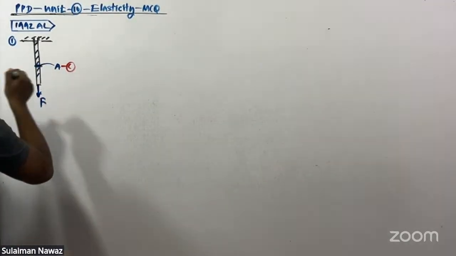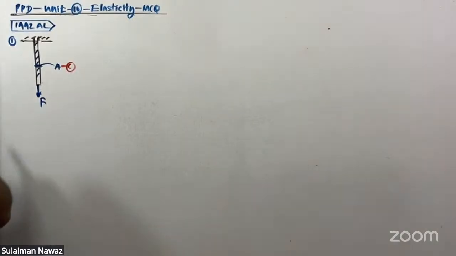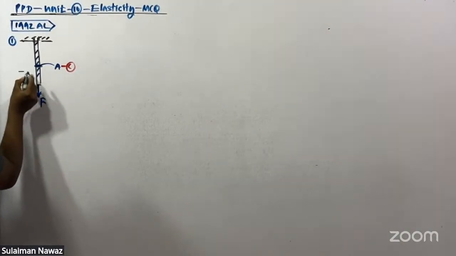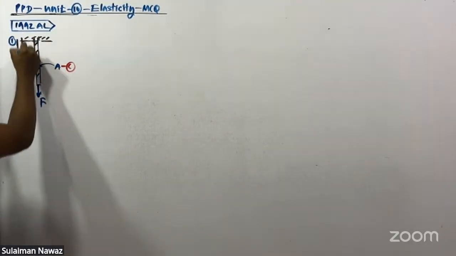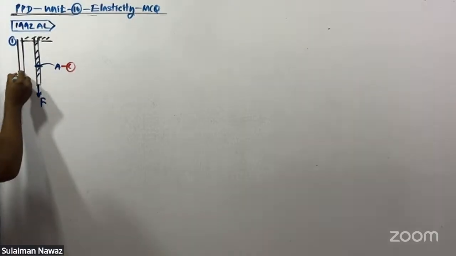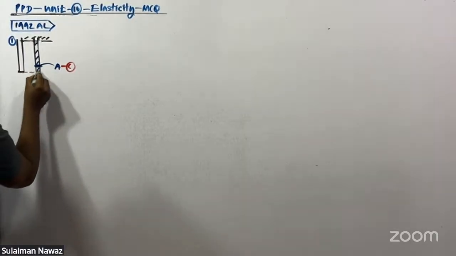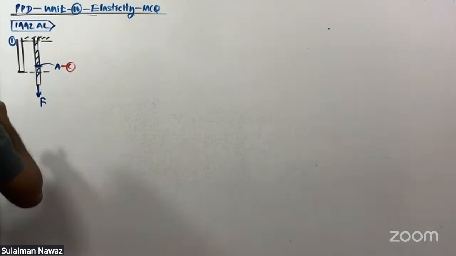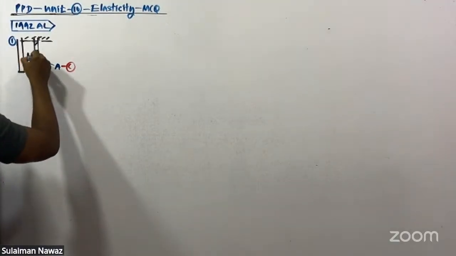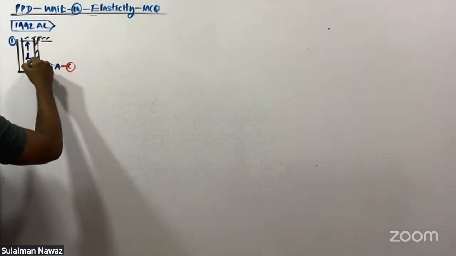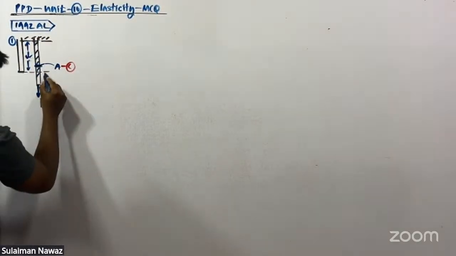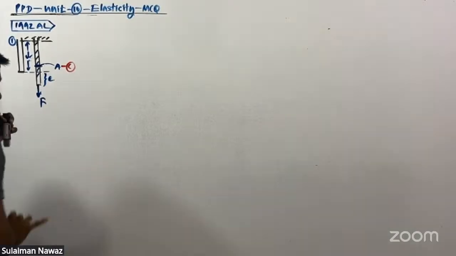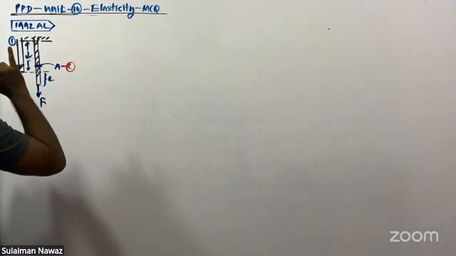Initially the natural length of the rod is simply L. So then this is the extension, simply change in length.